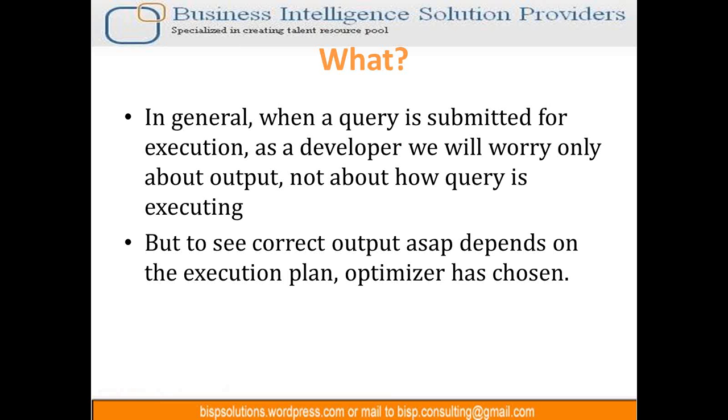So it's the optimizer's responsibility to prepare the execution plan, and seeing the correct output as early as possible purely depends on the execution plan the optimizer has chosen. Yes, sometimes we do have control over changing the execution plan.